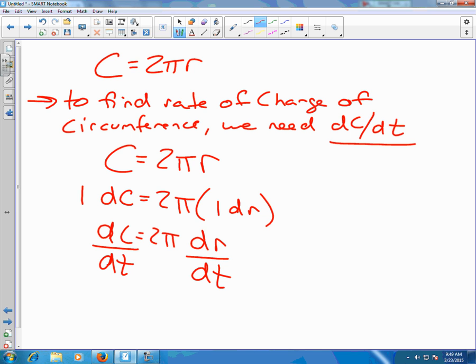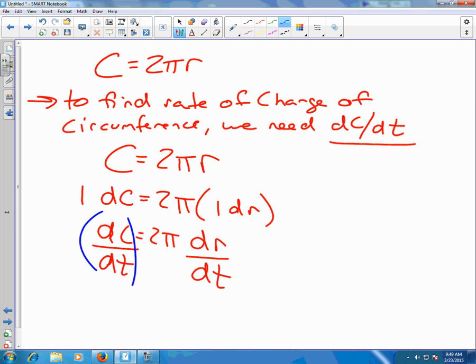And now we can see that we have the rate of change of the circumference, dc over dt, that thing we were looking for. We can find that rate of change based on the rate of change of the radius.